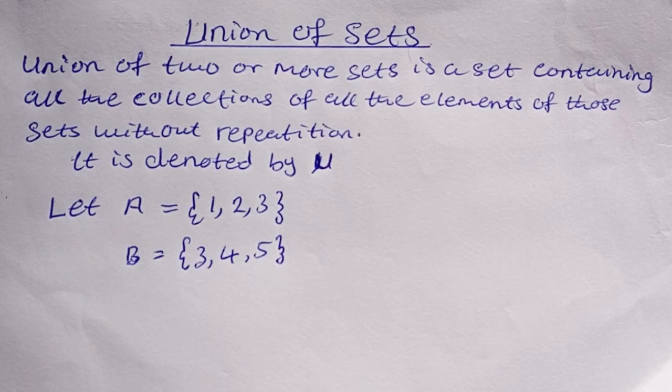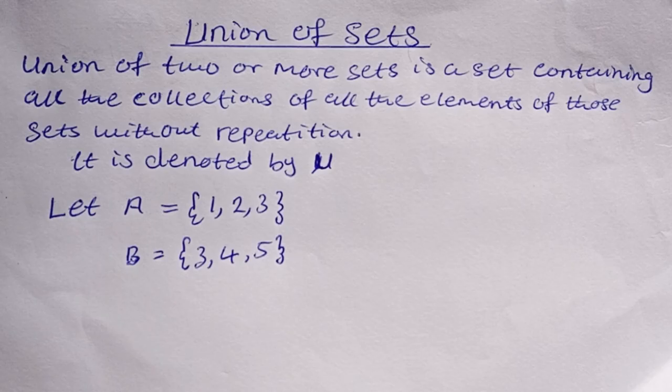Now let's look at the union of sets. Union of two or more sets is a set containing the collections of all the elements of those sets without repetition. It is denoted by the U sign.